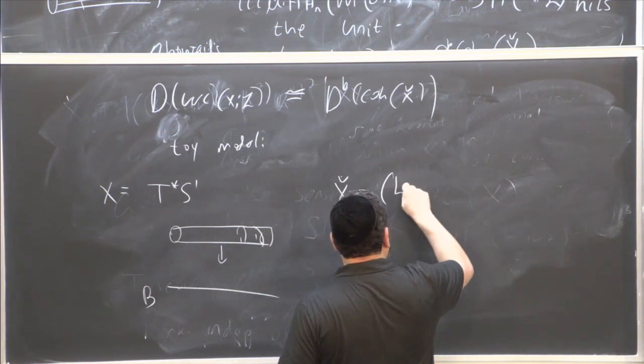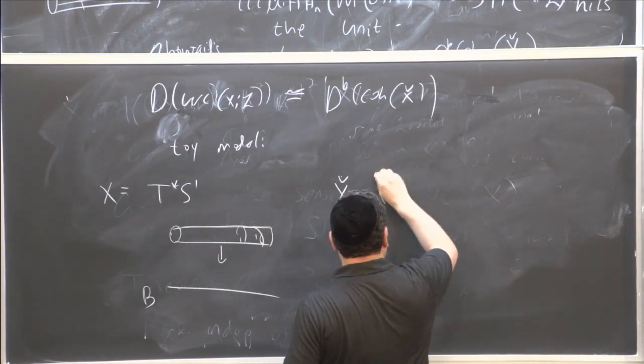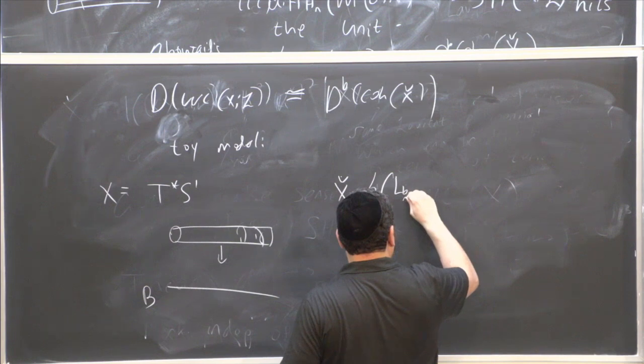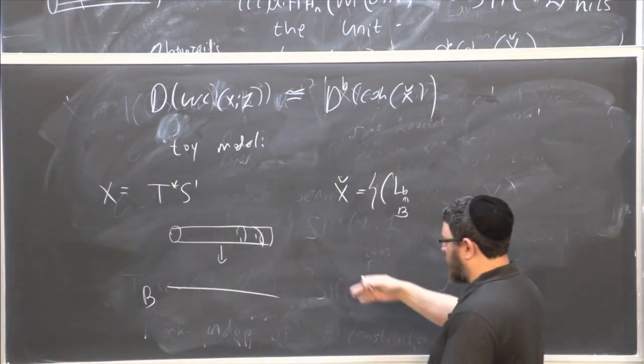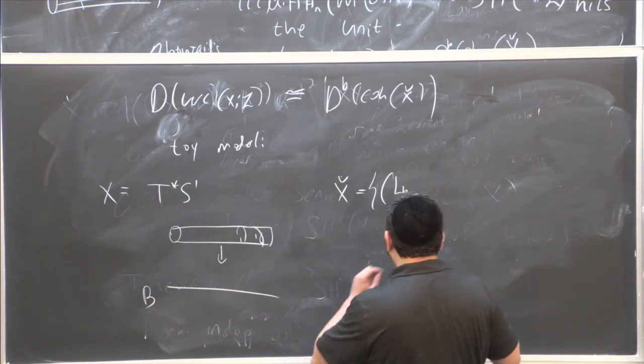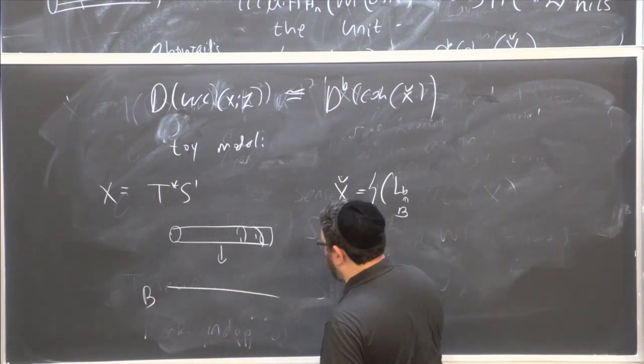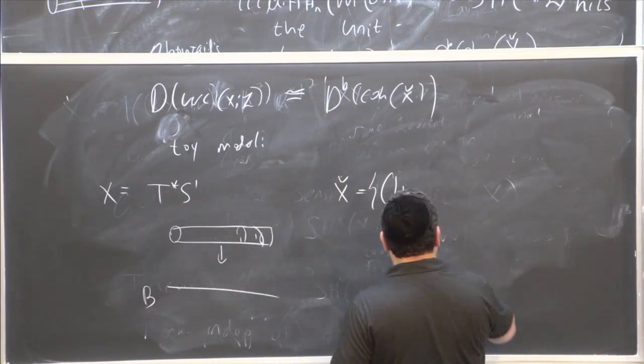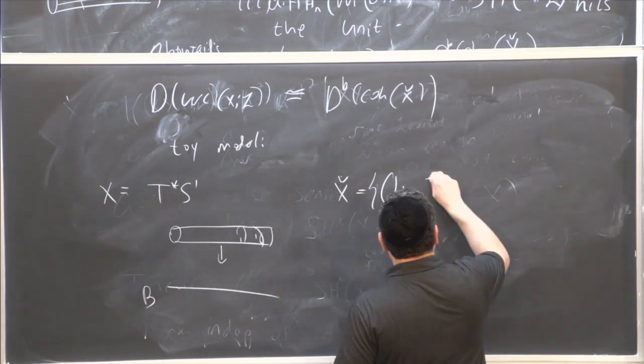So X check, as a set, is the set of pairs of these Lagrangians, where B is any point in this base of the fibration, and local systems.